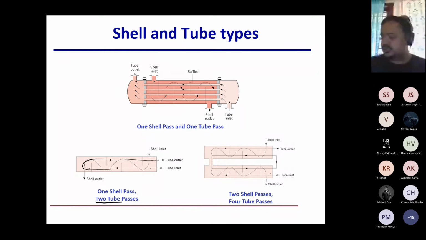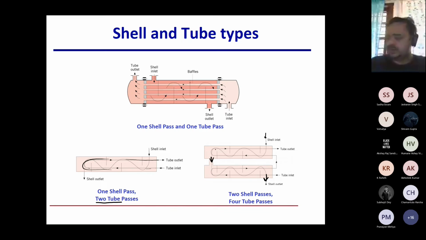Look at this one. There are two shells, so two shell passes. In the top shell, the fluid comes from the right, from here. Then it comes out and again goes from left to right in the second shell and comes out.